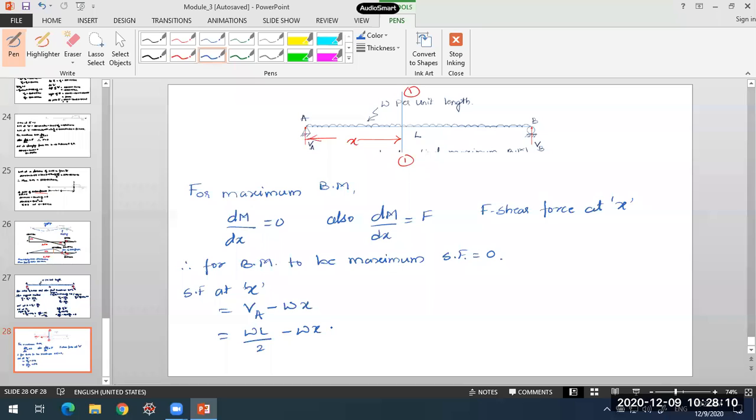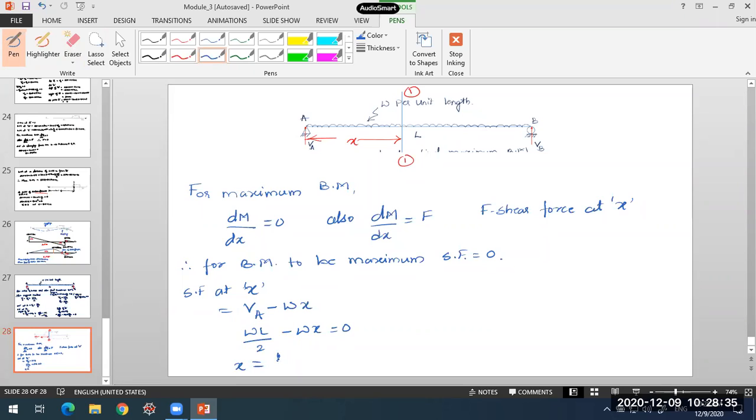What I want is that this should be 0 for maximum bending moment. I'm interested in finding where shear force is 0. This will give me the value of x. What is the value of x we get over here?